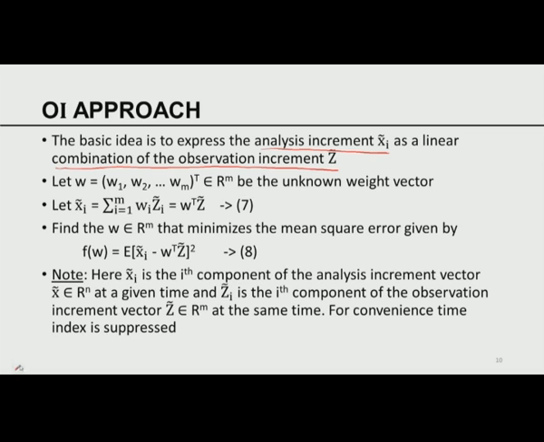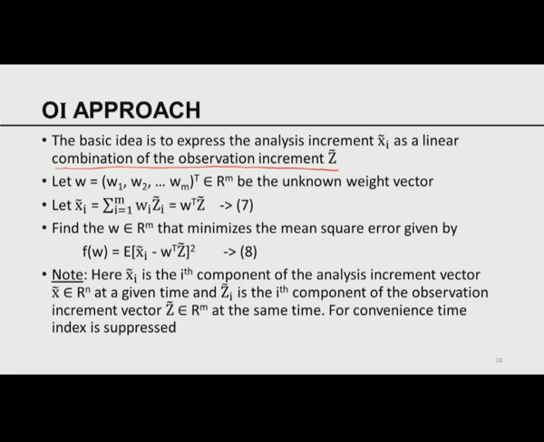So Z tilde is the vector of observation increments. I am going to compute location by location, grid location by grid location. i is the ith grid location. X i tilde is what I want to compute.